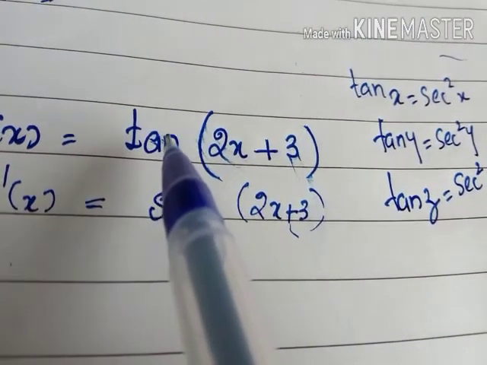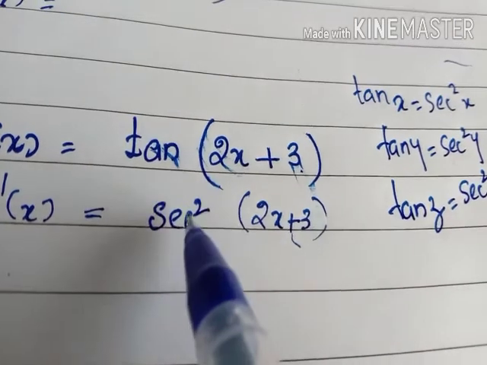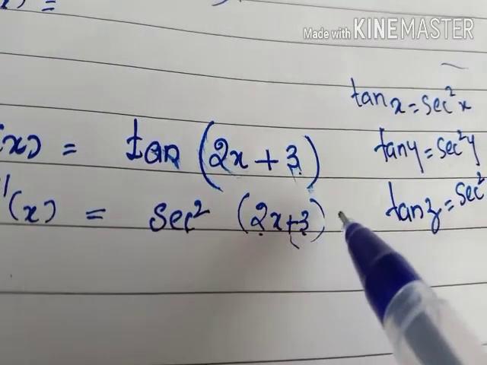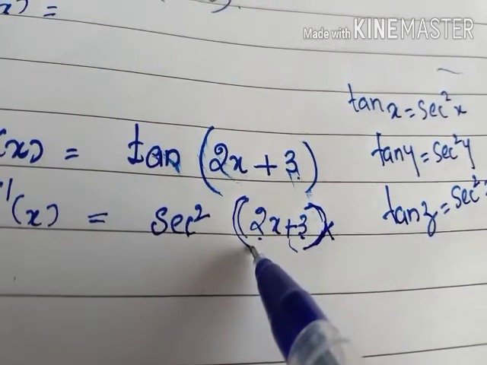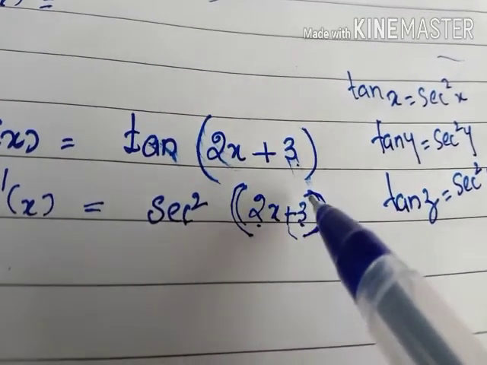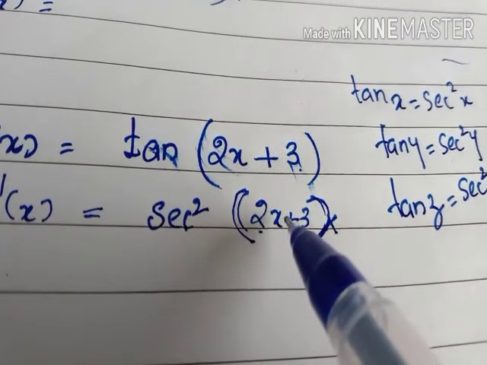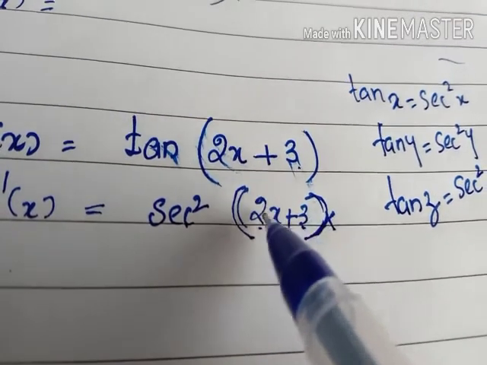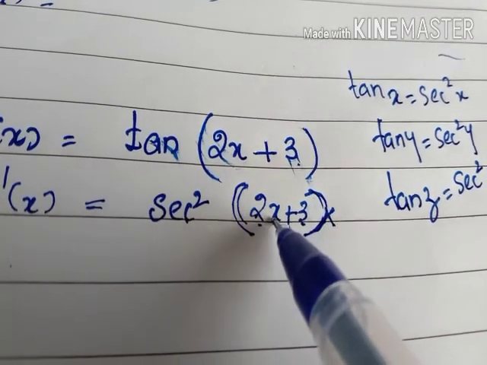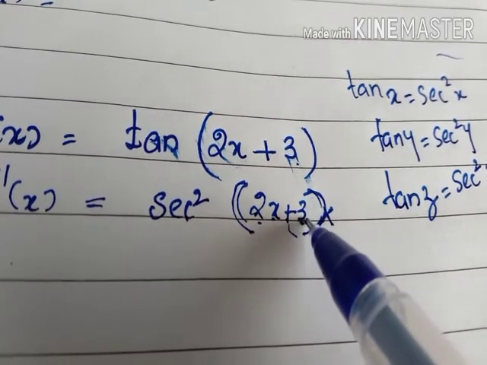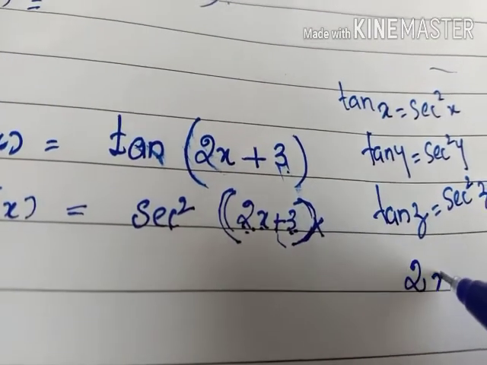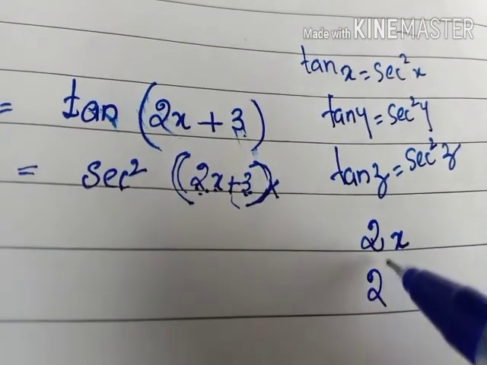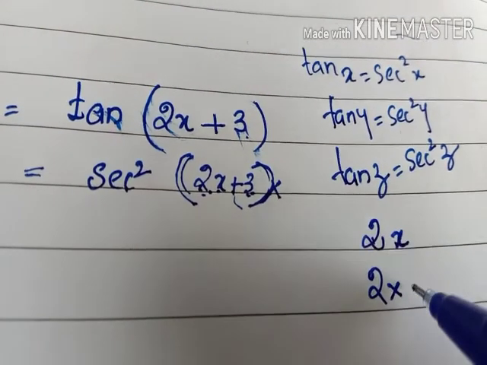So derivative of tan 2x plus 3 is sec square 2x plus 3 into, now take this bracketed expression and find its derivative. Derivative of 2x plus 3. There are two terms. So derivative of 2x plus derivative of 3. Derivative of 2x: 2 is constant, derivative of x is 1.